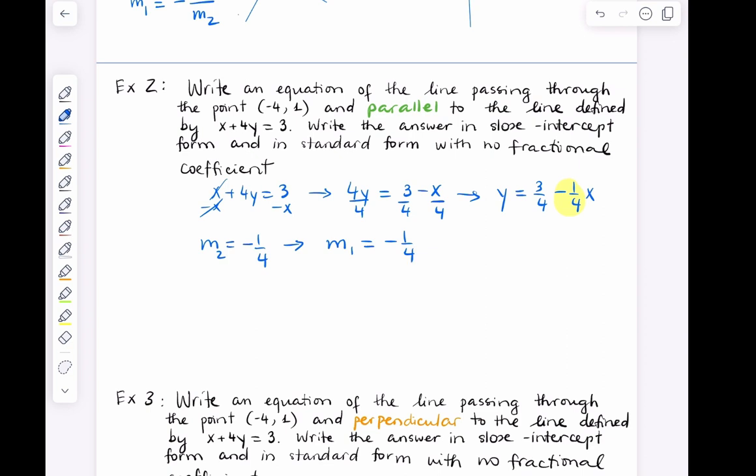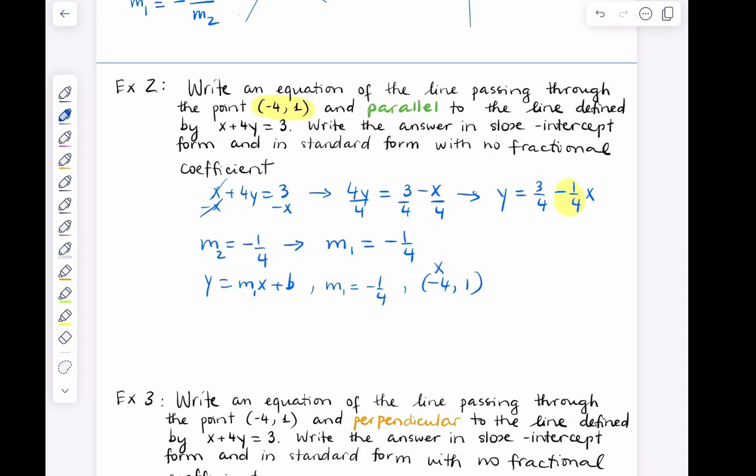In addition, we know that the first line passes through the point (-4, 1). So we can use the slope-intercept form with the slope being -1/4. Let's call this m sub 1, and the point it passes through, to find the equation of the line.